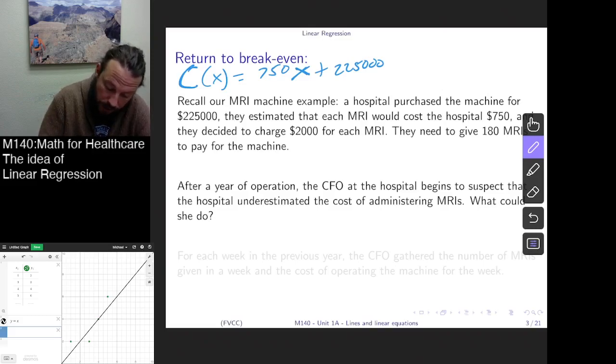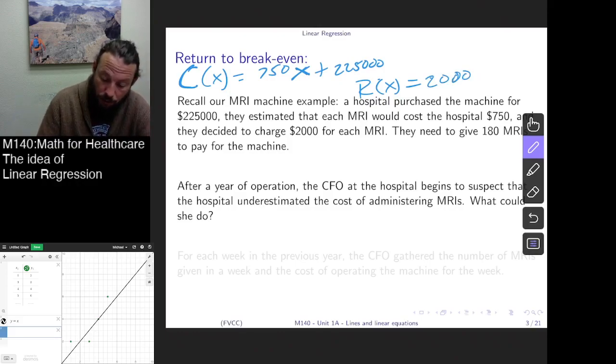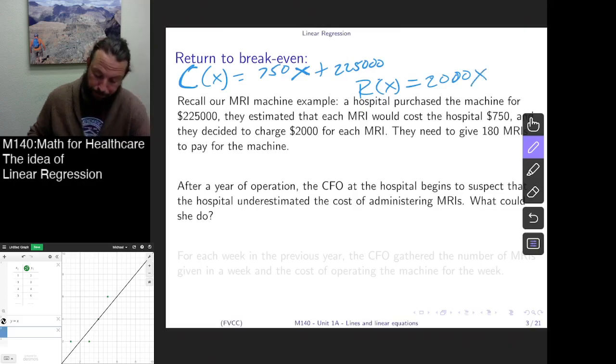And x is in items, or number of MRIs. And similarly, the revenue function is $2,000 per MRI. Again, that tells us that's our slope, because it's the units of the y over the units of the x, and that's times x.